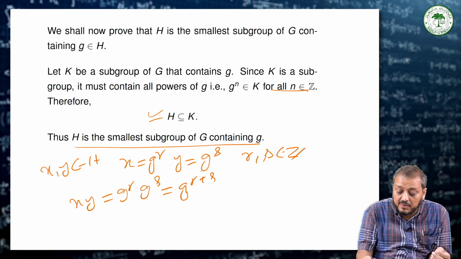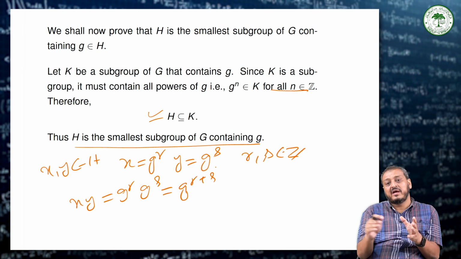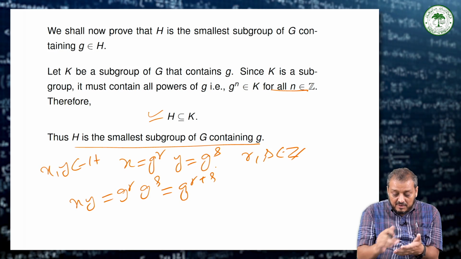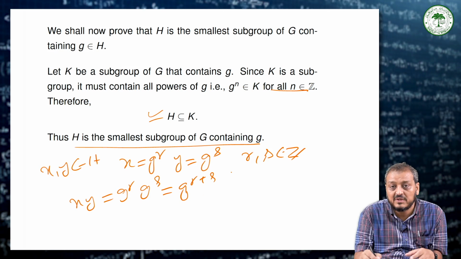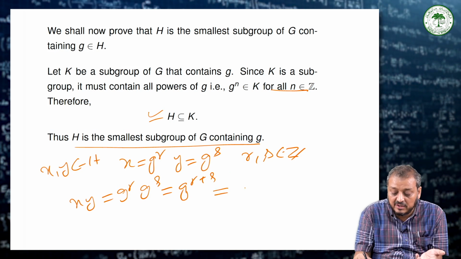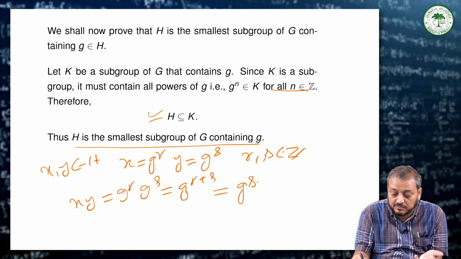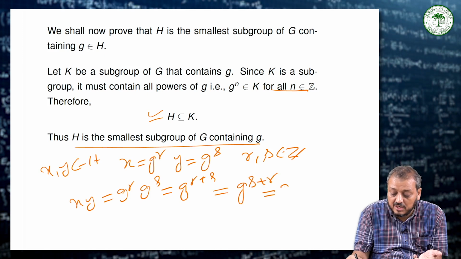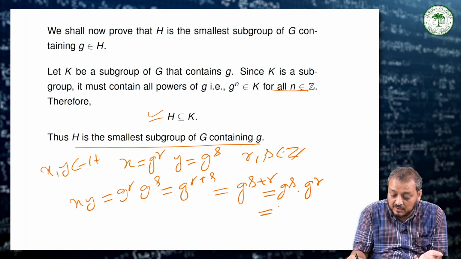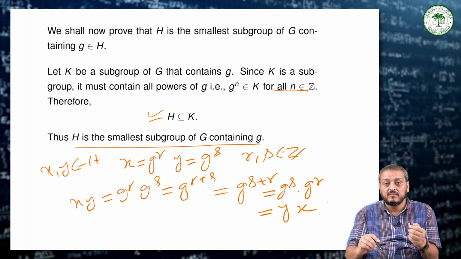And if r and s are integers, then r plus s is also an integer, and r plus s is commutative under addition. So this can be written as g to the power s plus r, and this can be written as g to the power s times g to the power r, and this is nothing but yx.